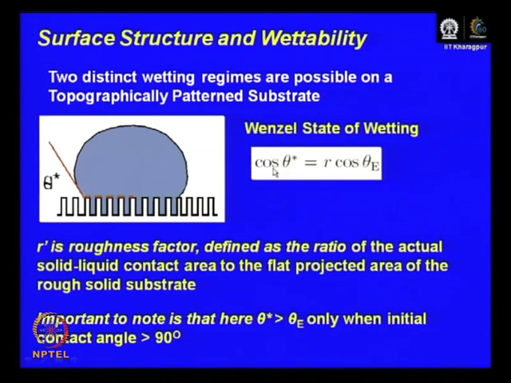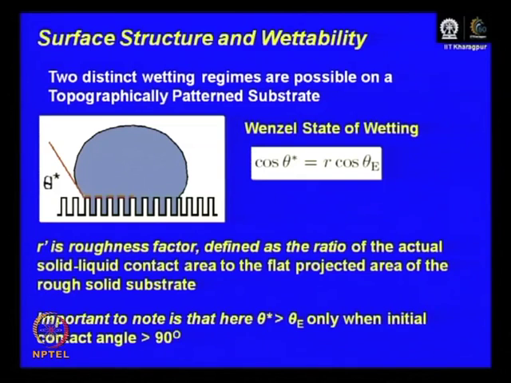Now, we have talked about topographic patterning to increase the level of hydrophobicity. But here you can see from the equation that theta star can only be higher than theta e when theta e is greater than 90 degrees, because the way r is defined, r is always greater than 1.